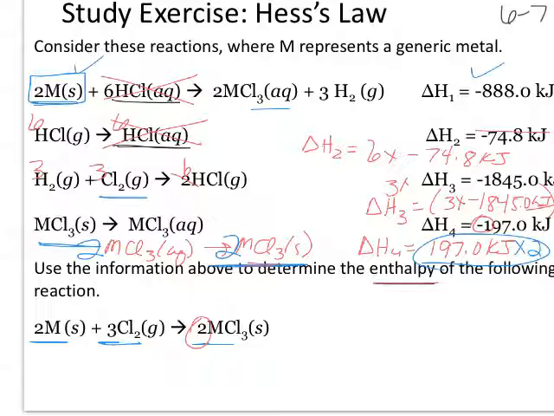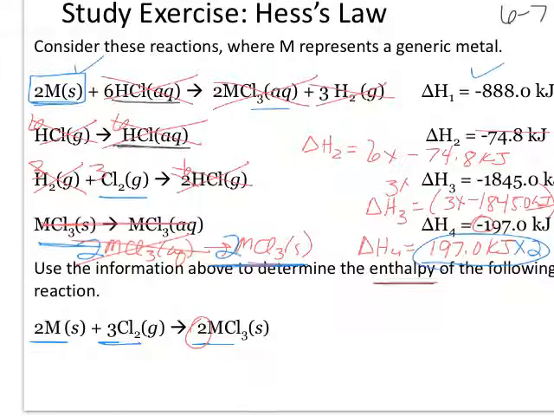I'm going to go to the 2MCl3 aqueous, and that's on the product side, and I have 2MCl3 aqueous on the reactant side. So I can cancel these two out. That's good because they're not in my overall equation. 3 hydrogen gas: I've got it on the reactant side and the product side, so those cancel out. And then I'm going to go to HCl gas, and I see 6 HCl gas here and 6 HCl gas there, and we rewrote this equation here.